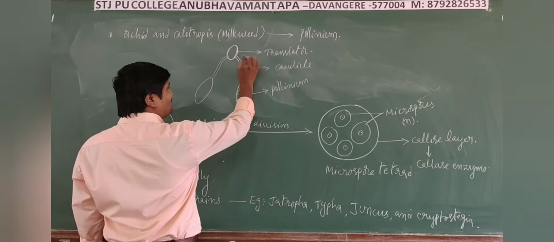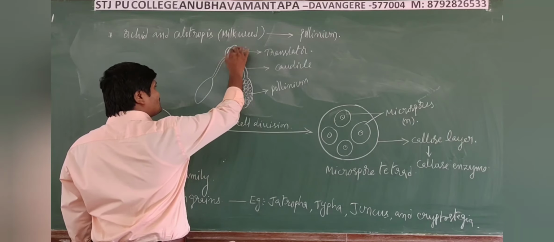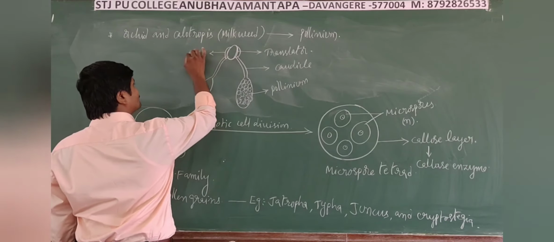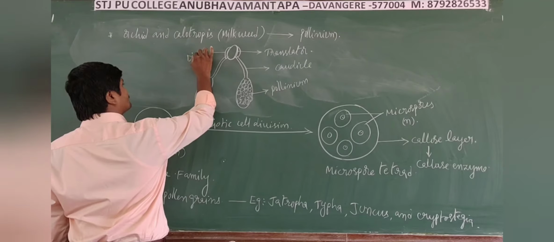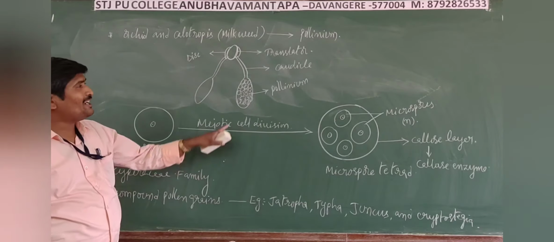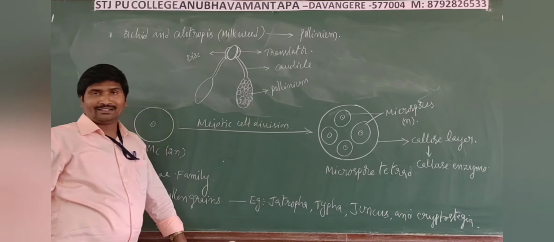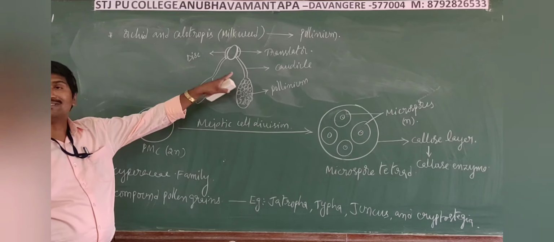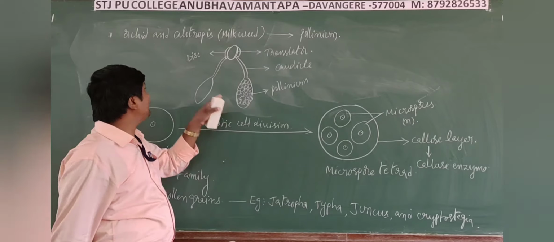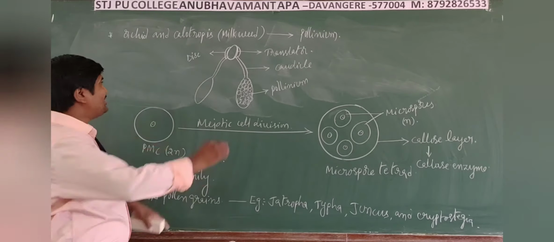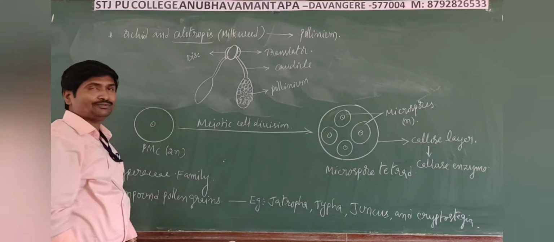On either side of the translator, disc-like structures are there. This entire apparatus is known as the translator apparatus. Generally this translator apparatus is present in these two plants, especially Calotropis.